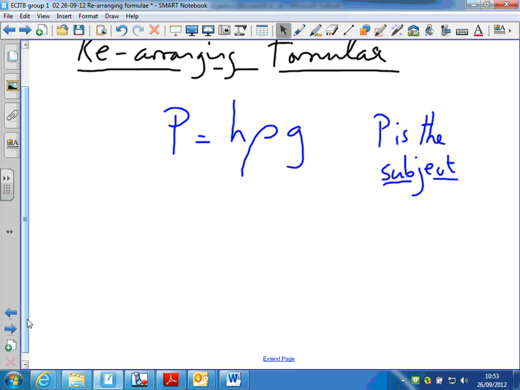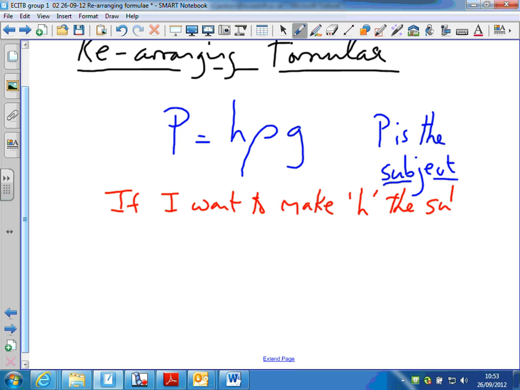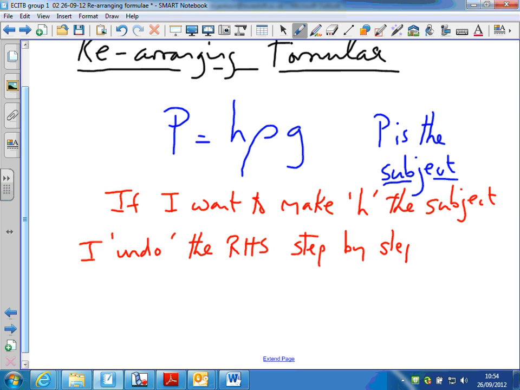So what I have to do is to undo the right-hand side of this formula until I'm left with H. So if I want to make H the subject, I undo, and that word I think is helpful, undo the right-hand side step by step until I'm just left with H. That's the idea.